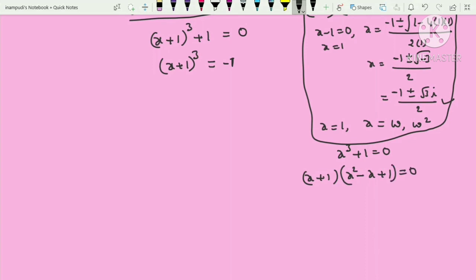Here the roots are x is equal to minus 1, and x is equal to 1 plus or minus root 3i by 2.